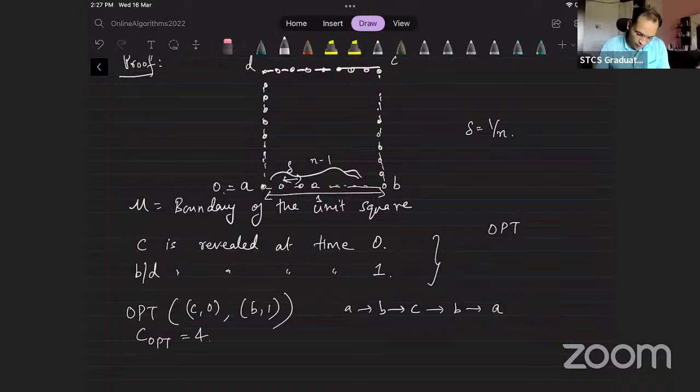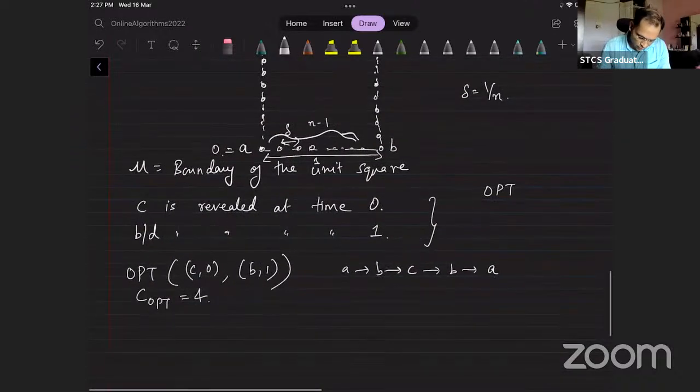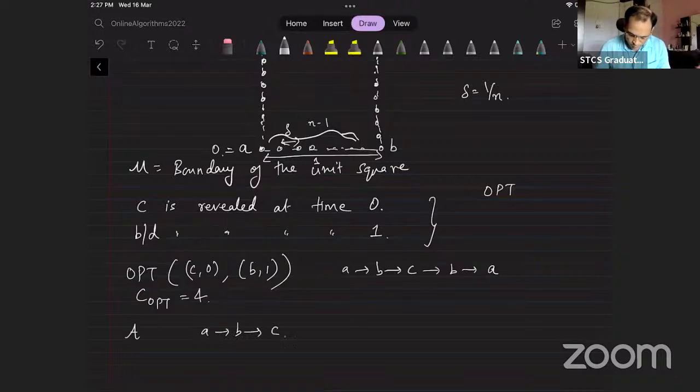Now tell me, what should the algorithm do? It doesn't know if it's B or D, right? So suppose it starts at time 0. Suppose an algorithm starts to follow a path A, B, C. Okay, so at B itself, it knows that B has been revealed or D has been revealed. So what should I do? Suppose it has taken this path A, B, C, and at this point, either B or D is revealed. Which one should I reveal first of all?